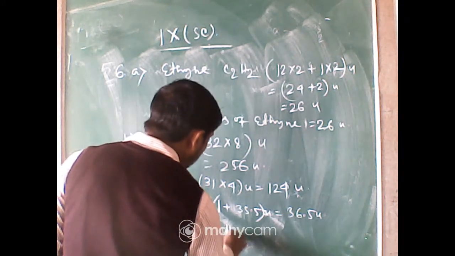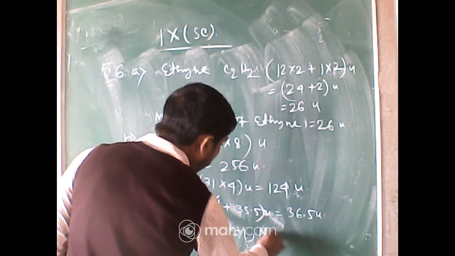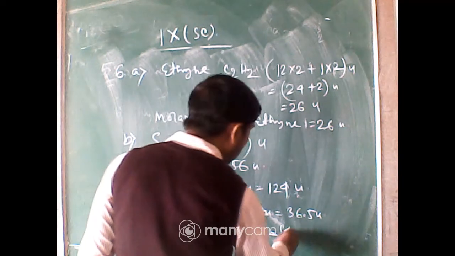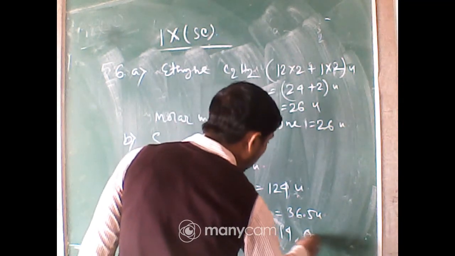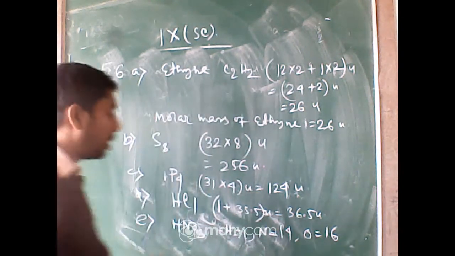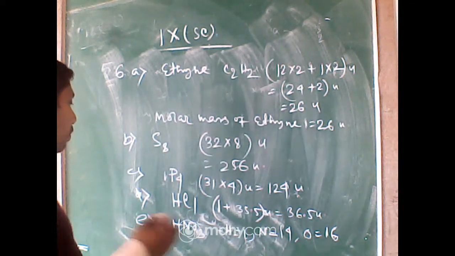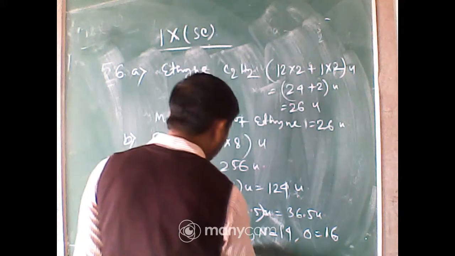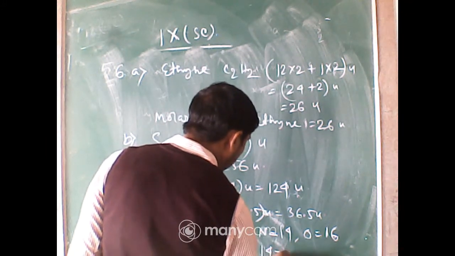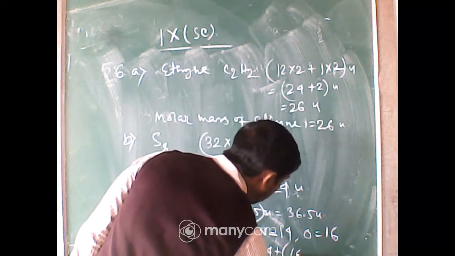So hydrogen is 1, nitrogen, what is the atomic mass of nitrogen? It is 14. Oxygen is 16. Now we have to multiply it with the particular atomicity of that element. So 1 plus nitrogen 14 plus 16 into 3.